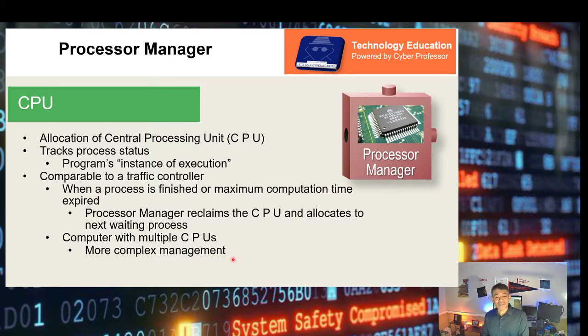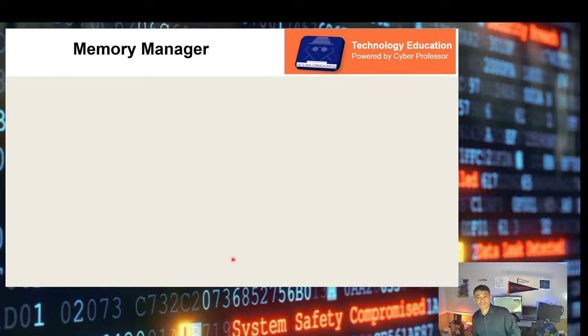When a process is finished or the maximum computation time expires, the processor manager within the operating system reclaims the CPU and allocates its resources to the next waiting process. A computer with multiple CPUs is able to do more, so it requires more complex management.